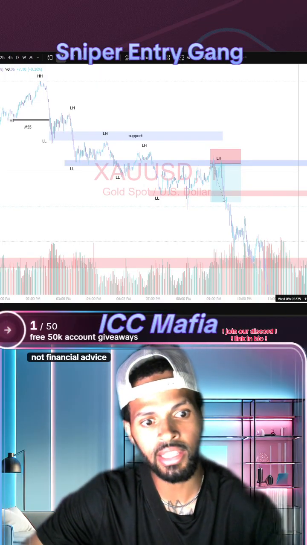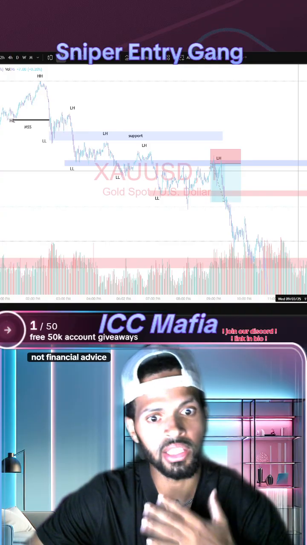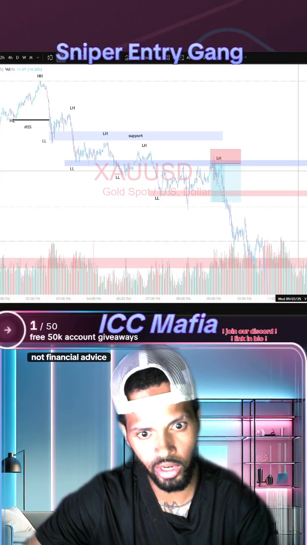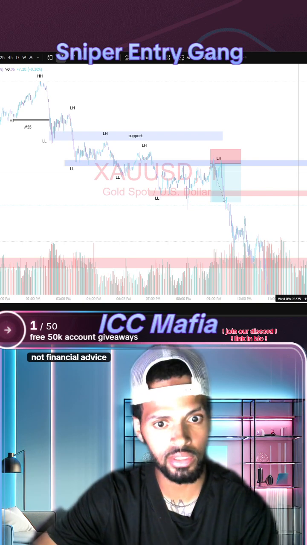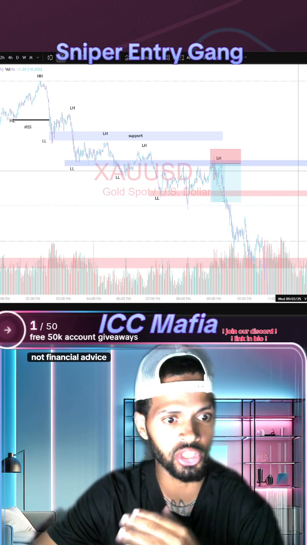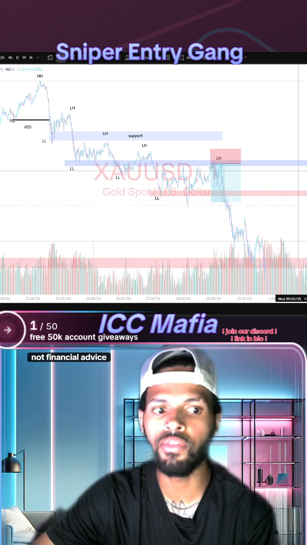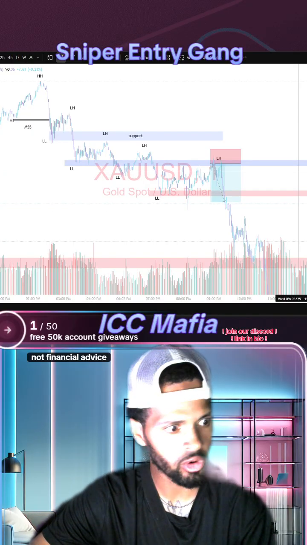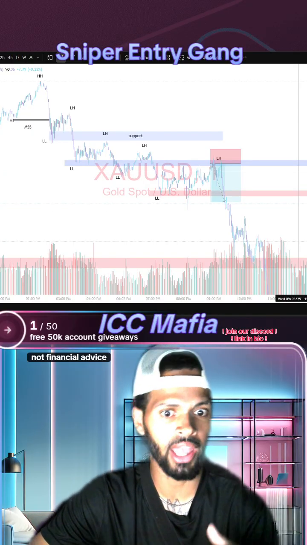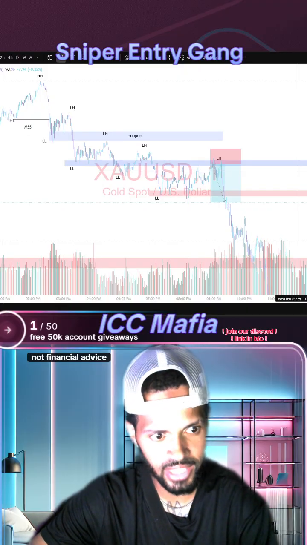Gold is, to me, the easiest market to trade because price action holds for days or even weeks or months. NQ will break structure and change trend whenever it decides. Whenever it's feeling froggy, it will just change trend, right? It never holds trend as long as gold does because gold is a safe haven asset.